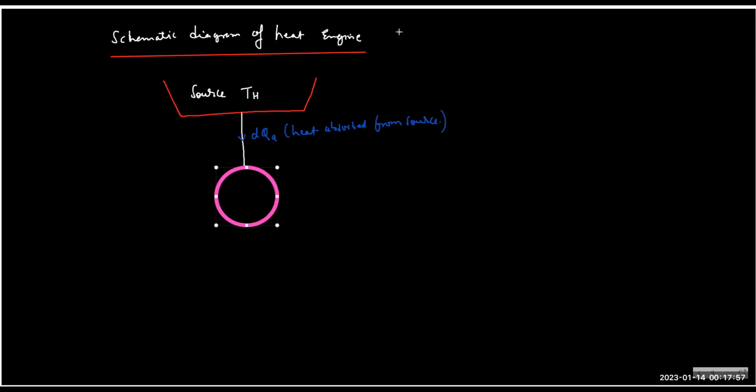Once you absorb the heat, it will reach the device called the engine, the piston cylinder. This is a cyclic engine; it will work in a cycle. Once you receive the heat, you will perform some work. What you receive is an arrow towards you, and what you perform is an arrow away from you. This is the work done, dW.